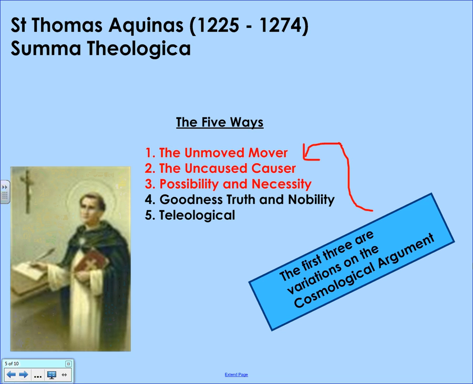The fourth and fifth are arguments that take on a different form and will be discussed another time. So if you're talking about the five ways in an essay, you would focus on the first three: the unmoved mover, the uncaused causer, and possibility and necessity. These three ways make up the cosmological argument.